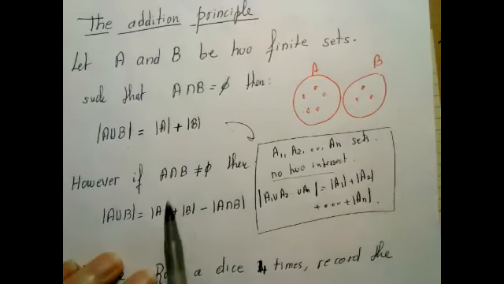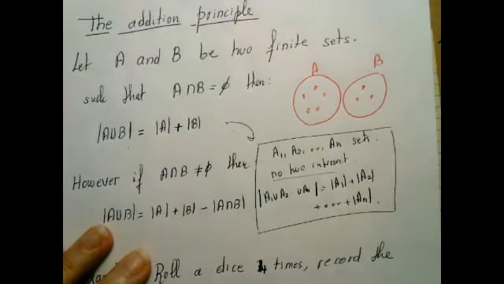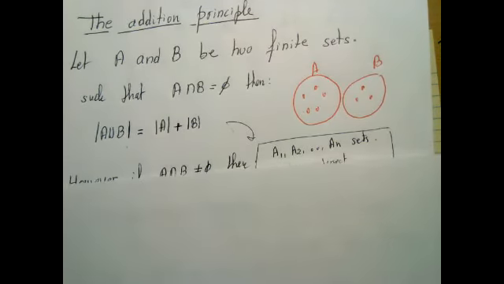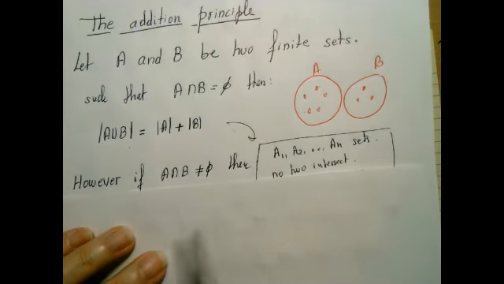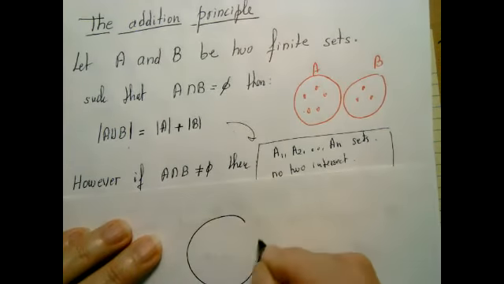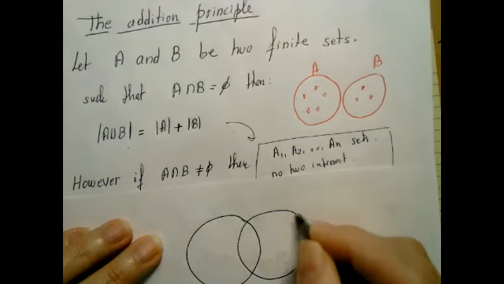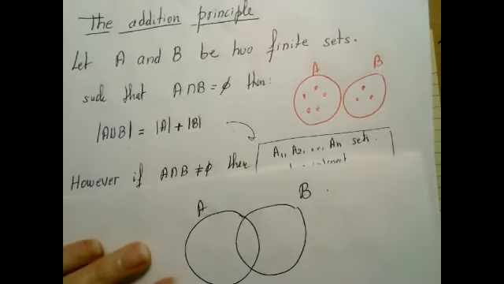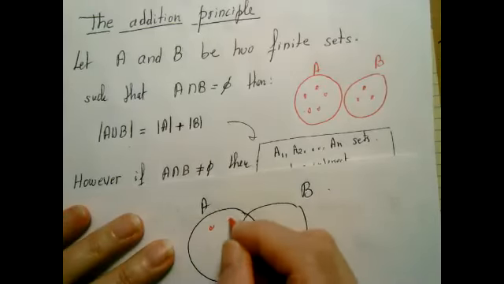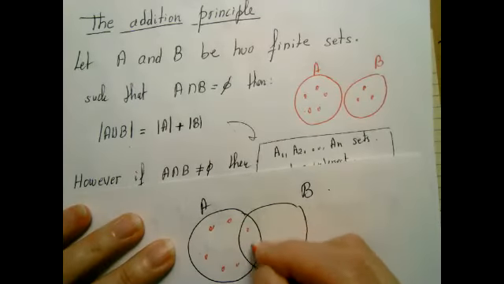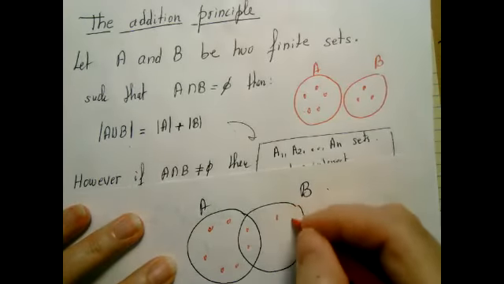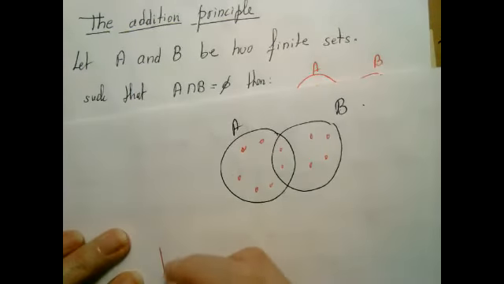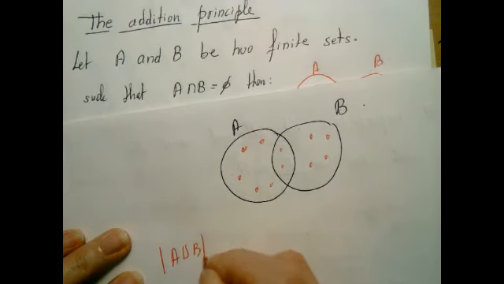Now, however, if the intersection is not empty, what is the cardinality? Let us see the picture because I'm going to totally rely on it. Suppose I have two sets now, A and B. They intersect, so there are elements in common between them. Let us say A has 5 elements, 2 of which are in common. The question is, what is the cardinality of the union?